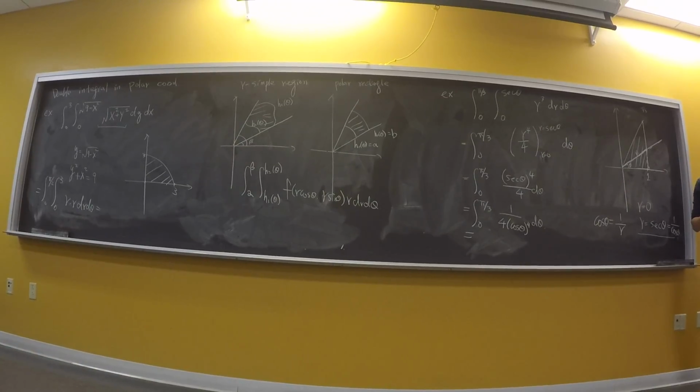So a polar region deals pretty nicely with a disk or pieces of a disk, but an XY type of region deals very nicely with triangles. Right? Because for triangles, you always have these straight lines. Straight lines have very simple equations in X and Y. Am I right?